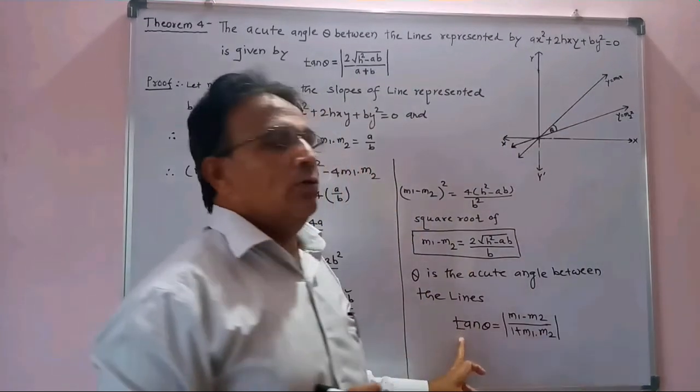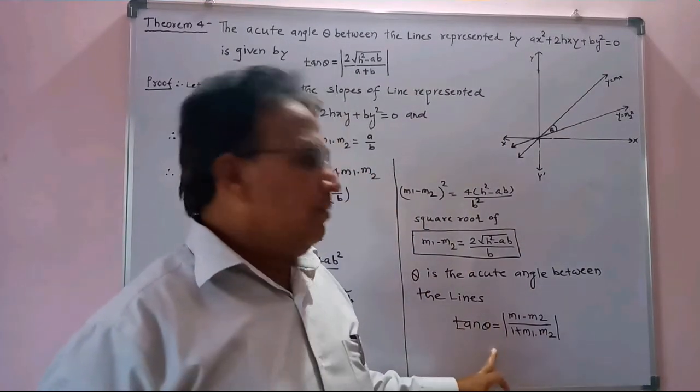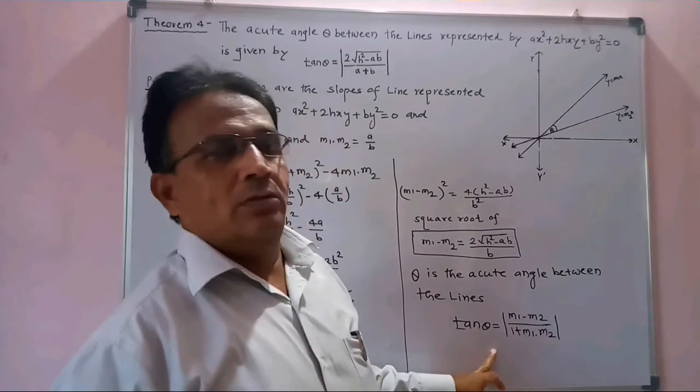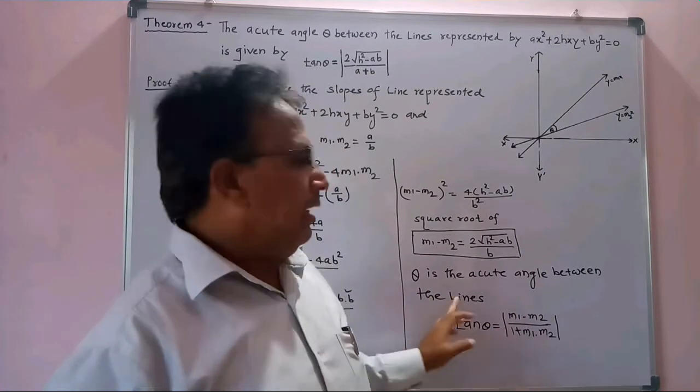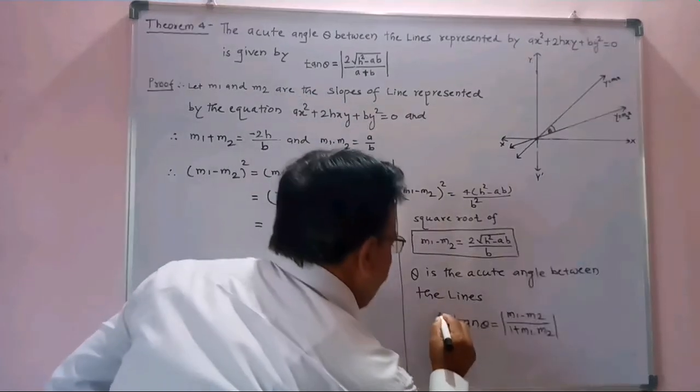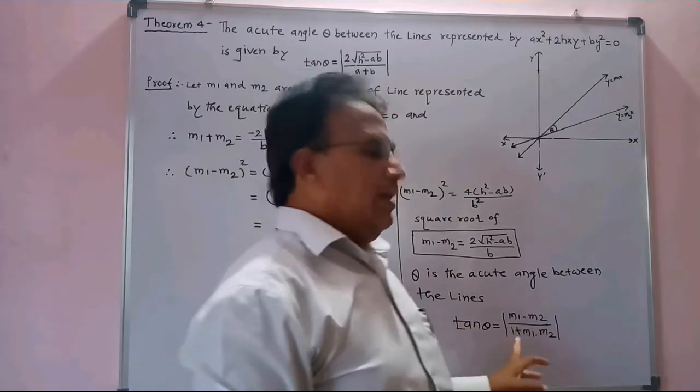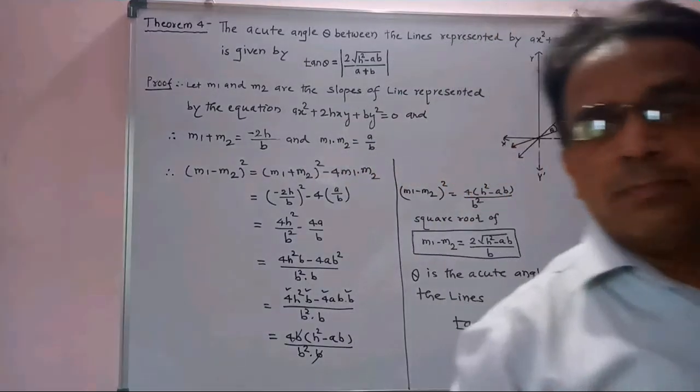Therefore tan theta equal to mod of m1 minus m2 divided by 1 plus m1 dot m2. We have already seen this in 11th standard.